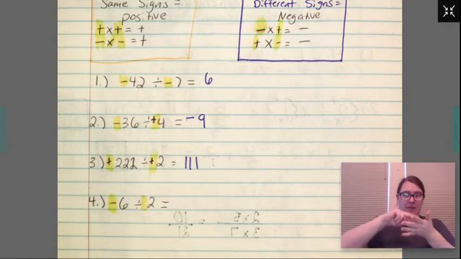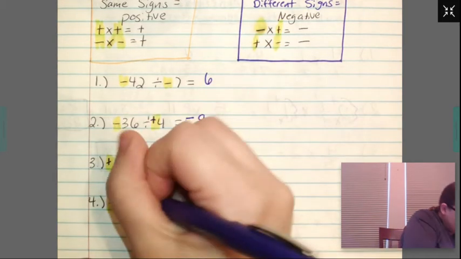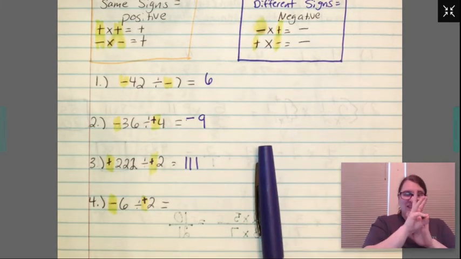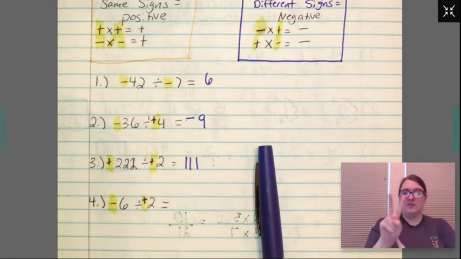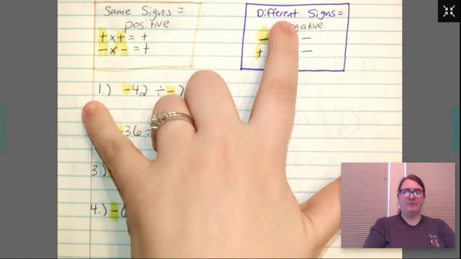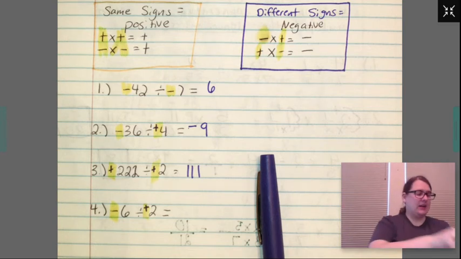So I know that means positive, so I'm going to write it to remind myself. So I have a negative 6 divided by a positive 2. So they are different. Different signs means my answer will be negative.